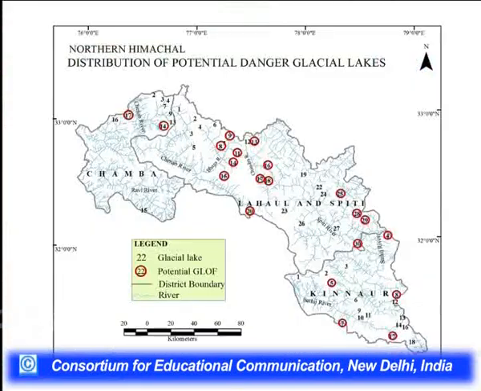And this is a multi-hazard map, because they also have rockfall, erosion, landslides, different types of hazards they have created. You see, in this map, the potential danger of glacier lakes, where we have 22 glacier lakes, and where we have more potential, more probability.